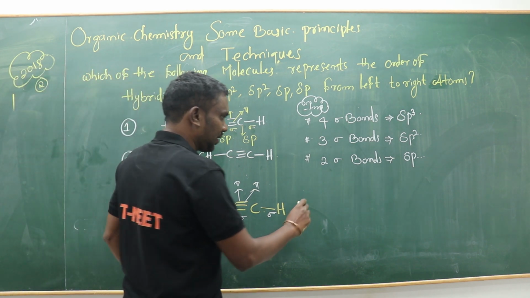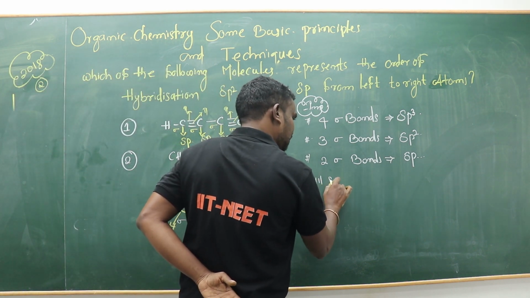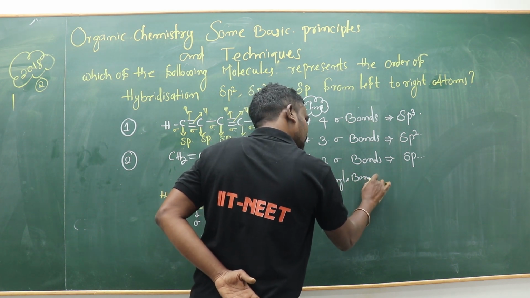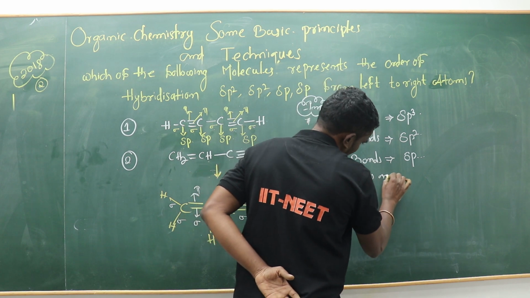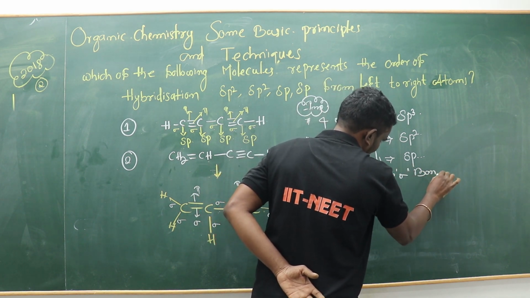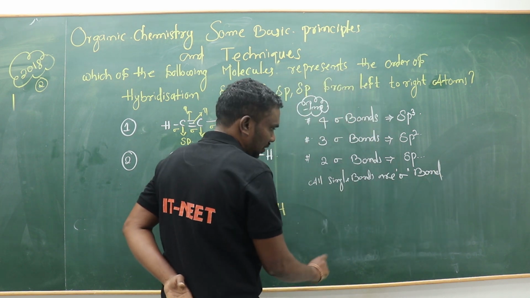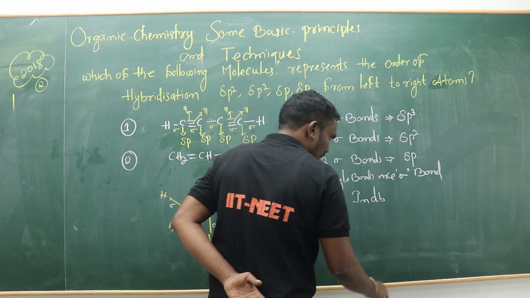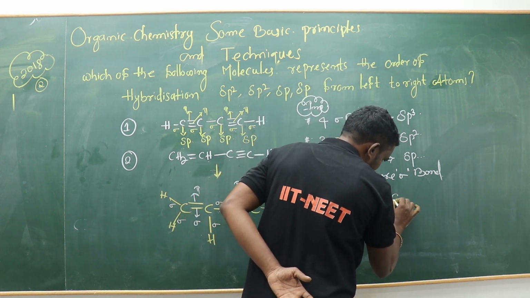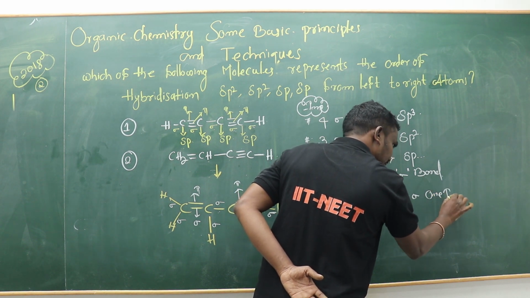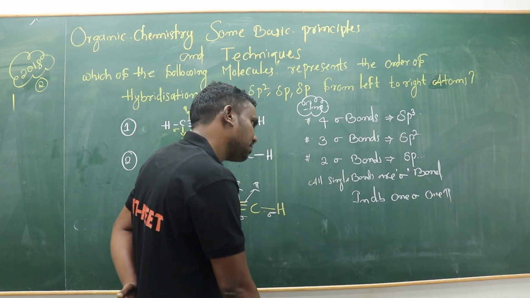I will write once again here, right? All single bonds are sigma bonds. In double bond, one is sigma, one is pi beta ji, right?